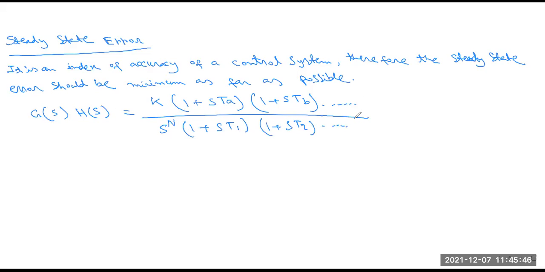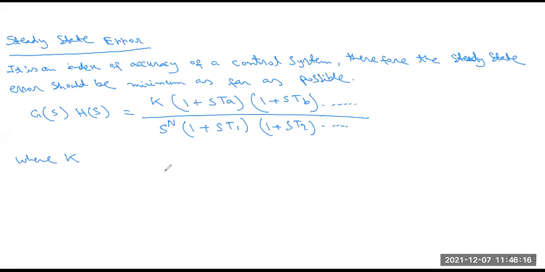We know that this is a higher order control system. So here you can see these are the different terms, where K is the forward path gain.